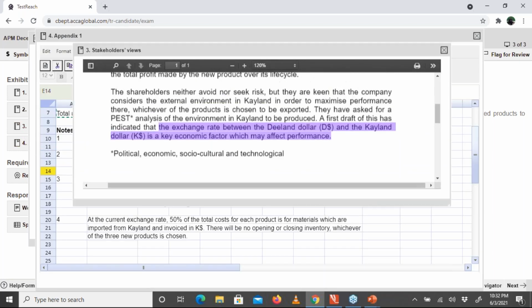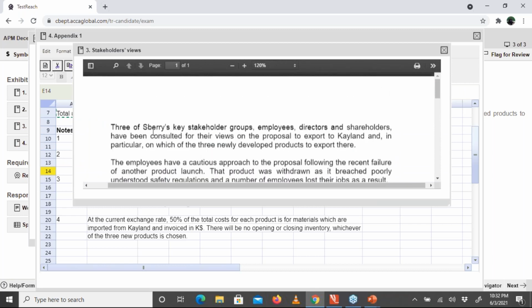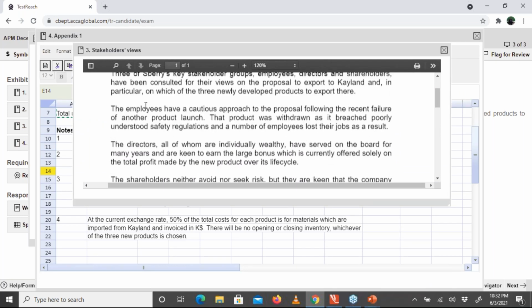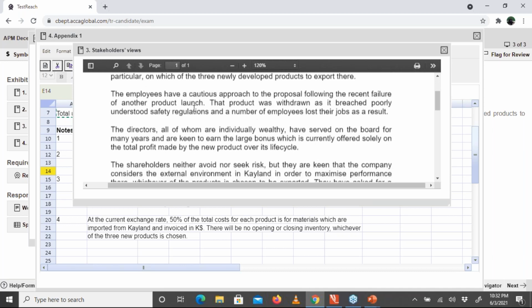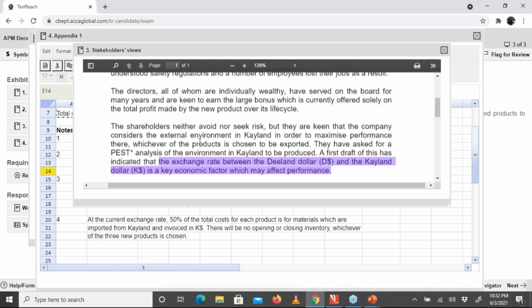Coming back to it, the shareholders have asked for a PEST analysis of the environment to be produced.